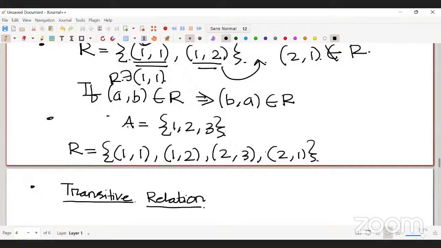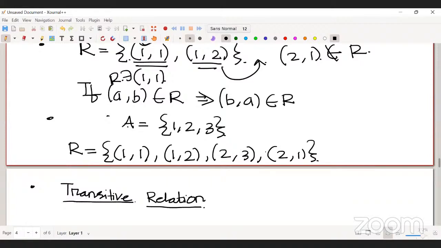Whoever asked me to repeat this, I want you to answer this question. So why is this not a symmetric relation? Because the element 1, 1 does not have 2, 3 means. I understand what you are saying.